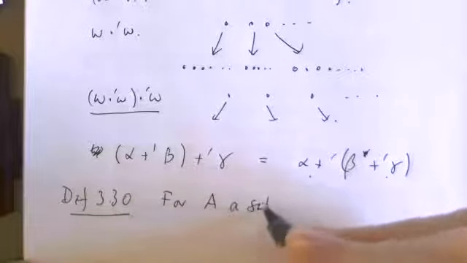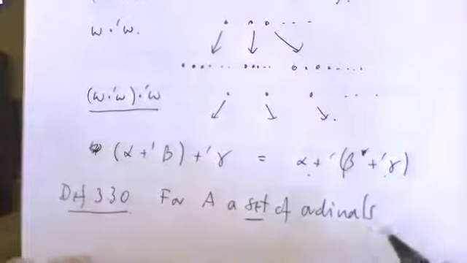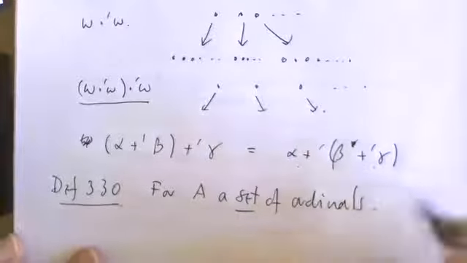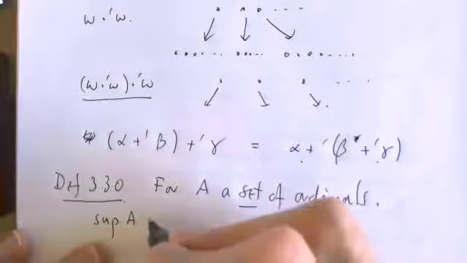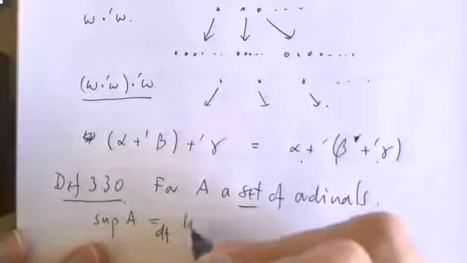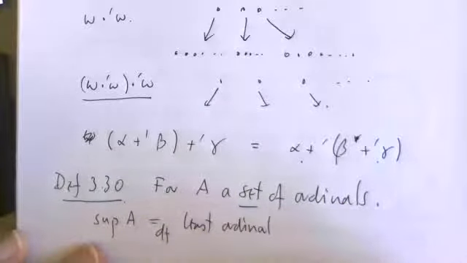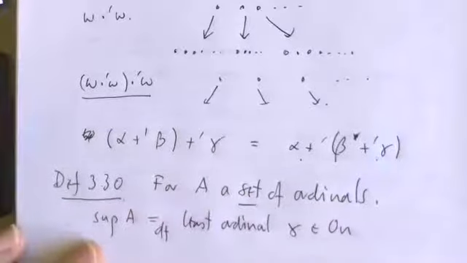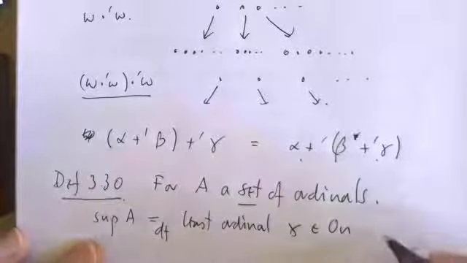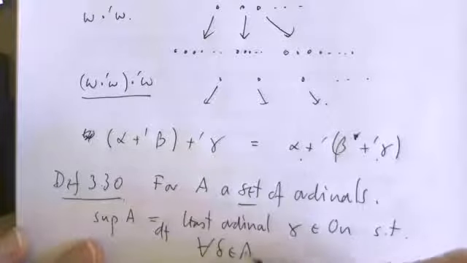Suppose I've got a set of ordinals. I do mean a set, not a proper class. The supremum of A, written sup A, is defined to be the least ordinal gamma so that it's greater than or equal to everything in A. Pick any delta in A, delta is less than or equal to gamma.